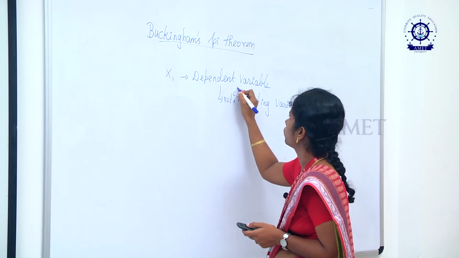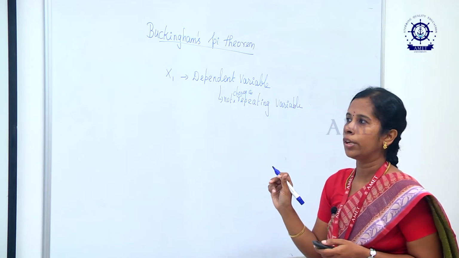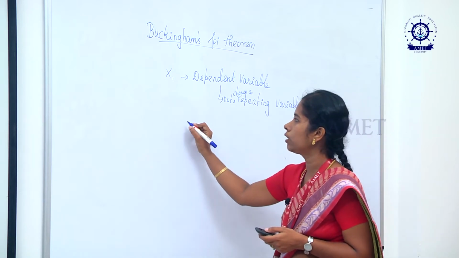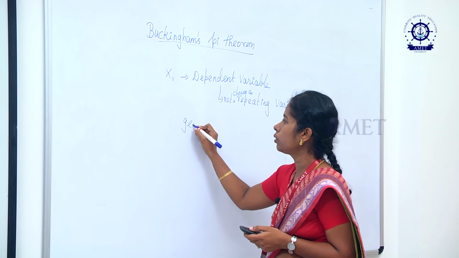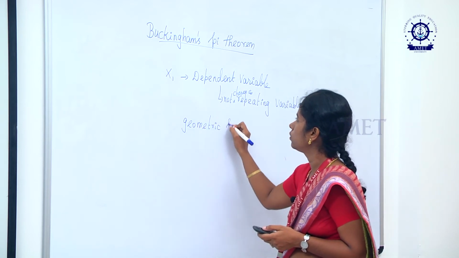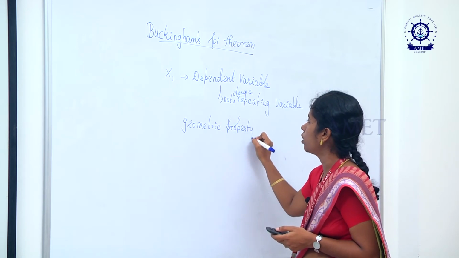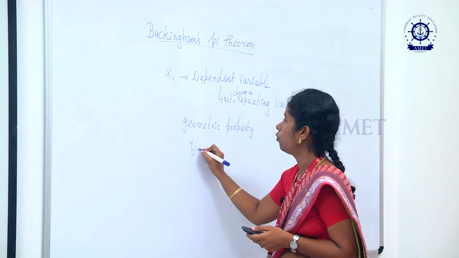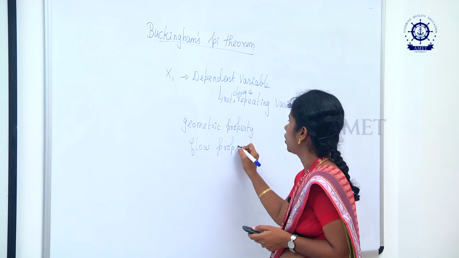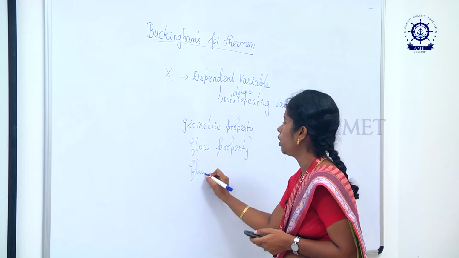Next, you have to choose the repeating variables in such a way that one variable should contain a geometric property, one more variable should contain a flow property, and the next variable should have a fluid property.